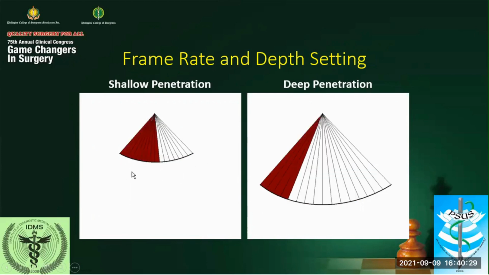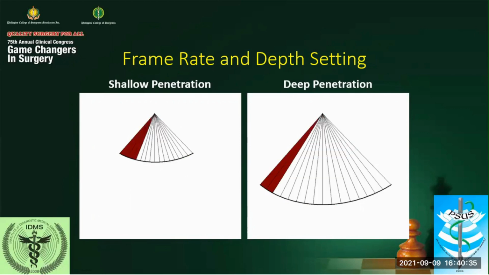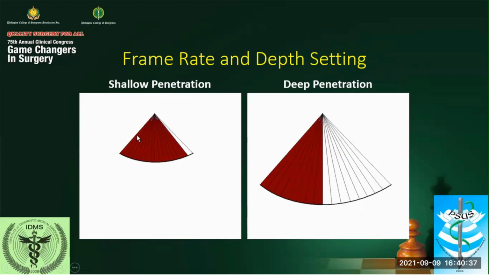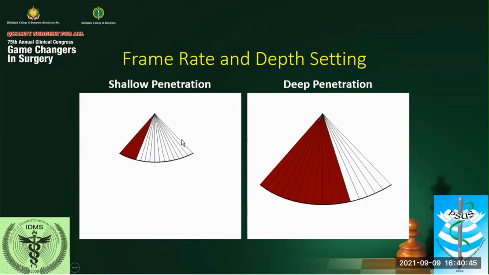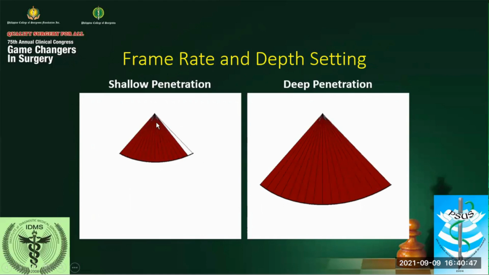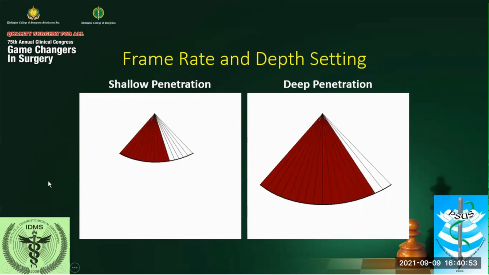Okay, a very deep setting will give you a lower frame rate. The reason is that the echoes can return to the transducer faster because it has a shorter travel distance. No? So the echoes are able to return to the transducer faster.